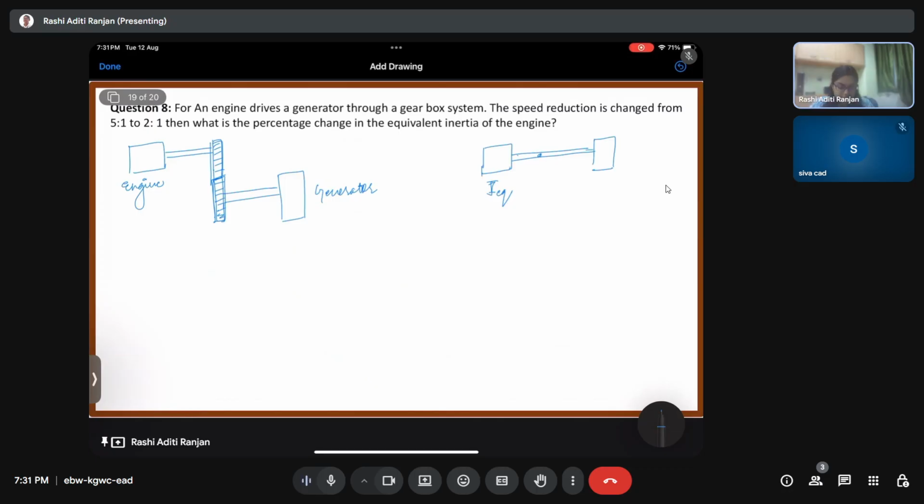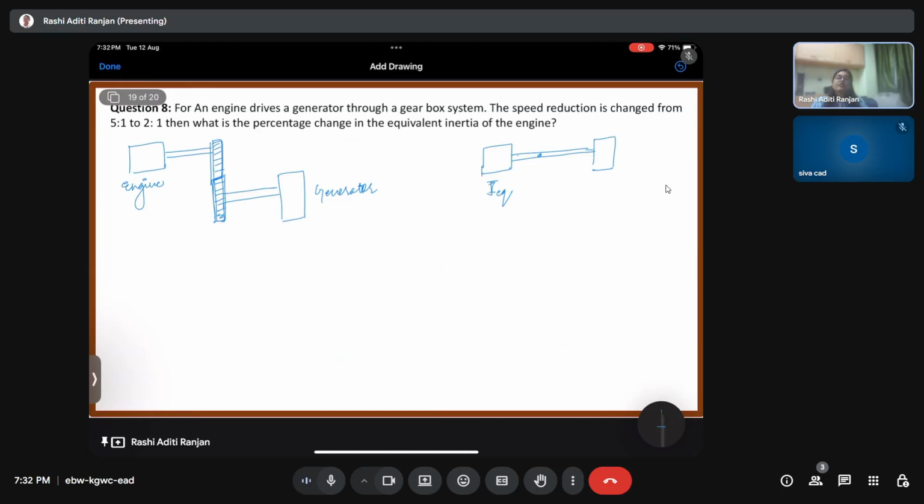Okay. Similarly, if we consider this, we have an engine and a generator. They both have their own movements, right? But because of the gears by which they are connected, with two gears connected to the engine and to the generator and meshed, I can find a relation between the engine movement and the generator movement.